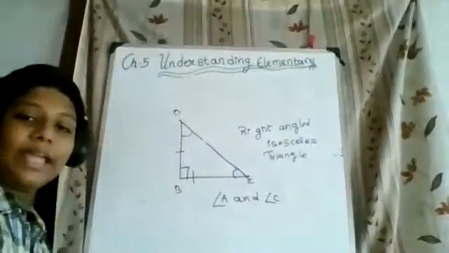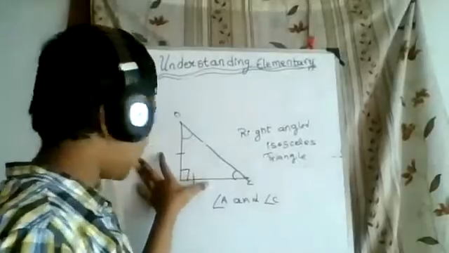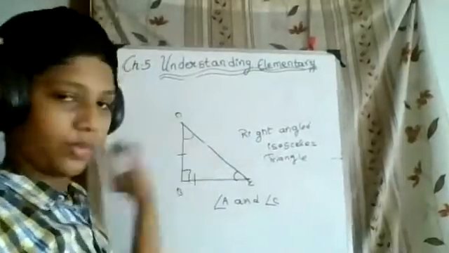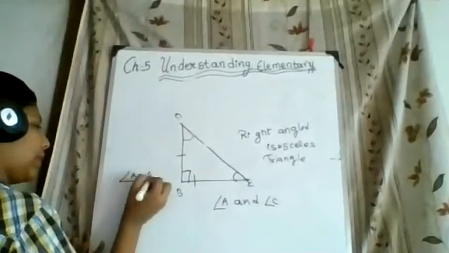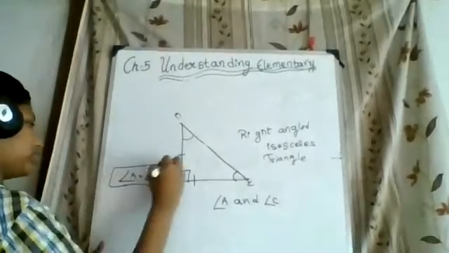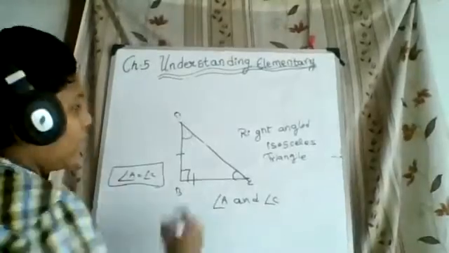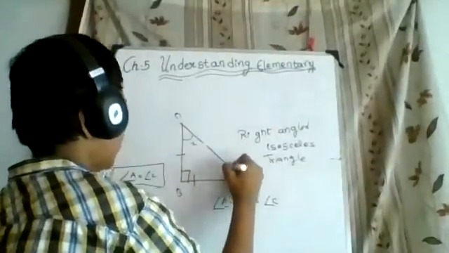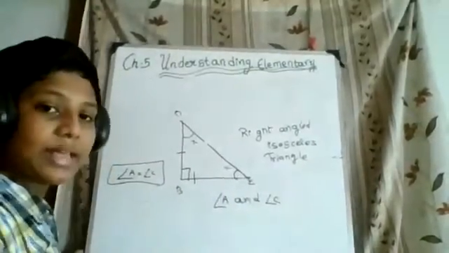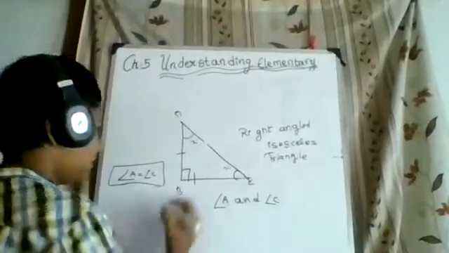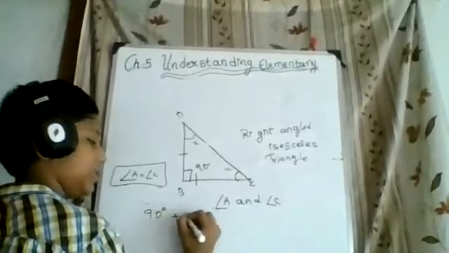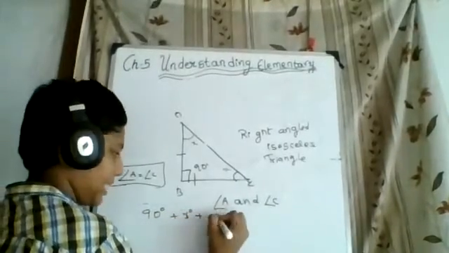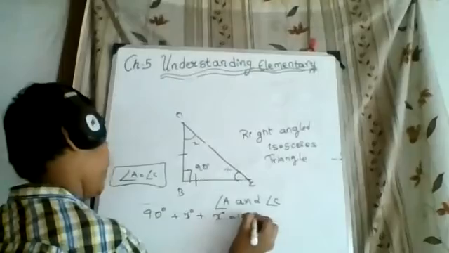I said equal sides, opposite angles are equal. Then from that we found that angle A is equal to angle C. Now let the angle be x and this also x. I said the sum of the angles is 180. This is 90 degrees we know. Then 90 degrees plus x plus x gives 180.